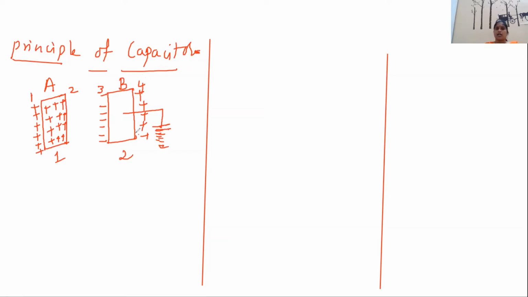Now all the charge which is existing on it will get neutralized, and this plate gets neutralized. Slowly, due to this effect, this charge vanishes. So finally the charge on this first plate gets vanished like this. Similarly, the charge on the other plate also gets vanished.